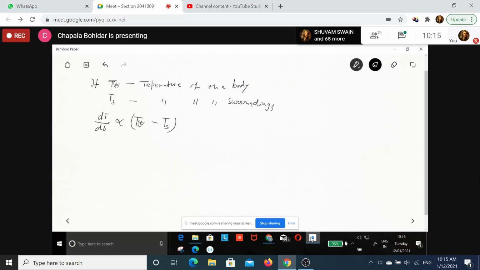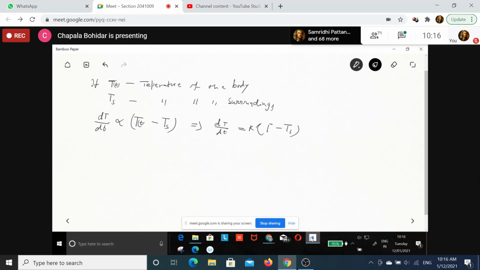So this implies I can write dT by dt is equal to k into (T minus Ts).